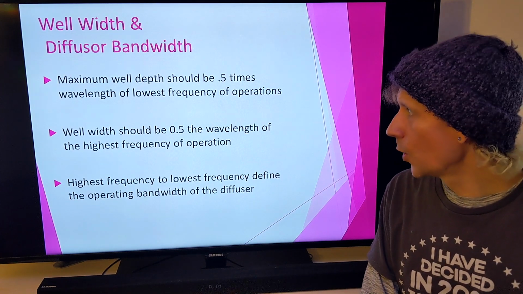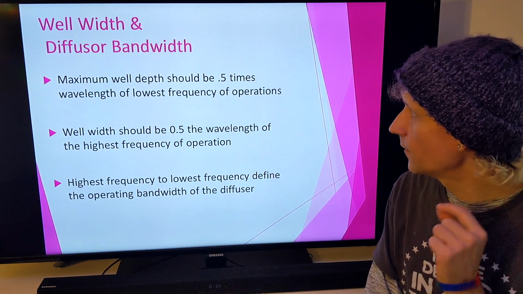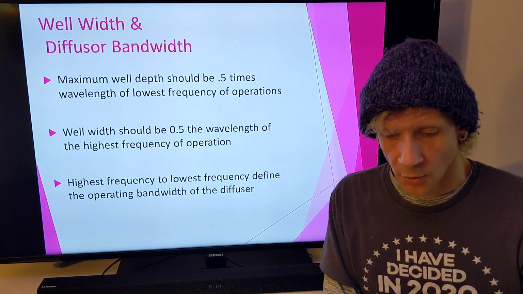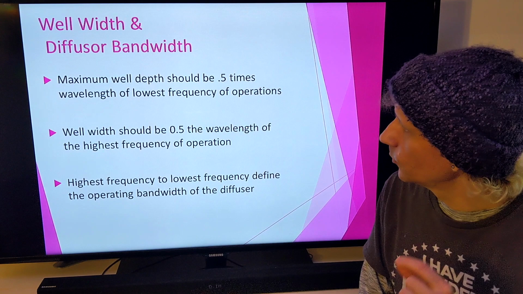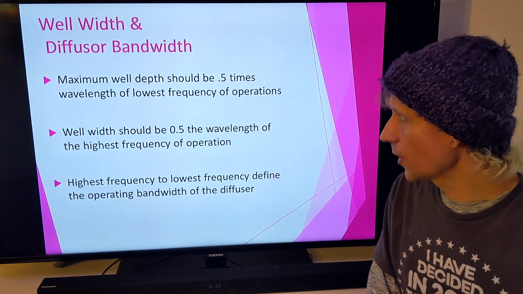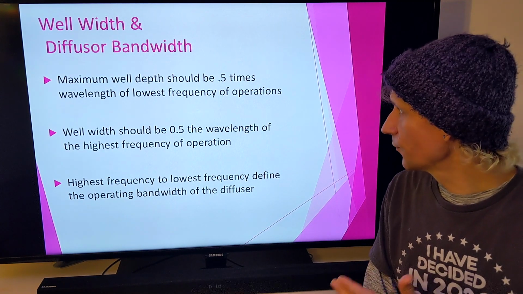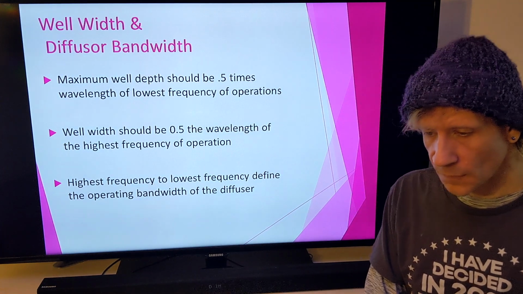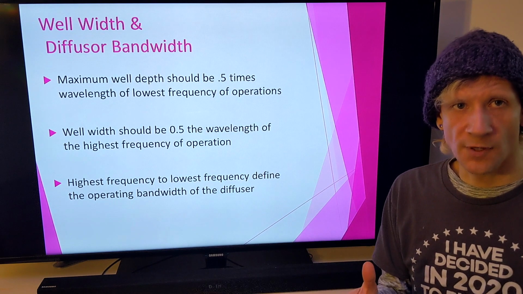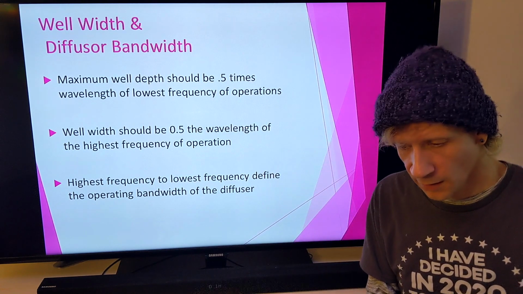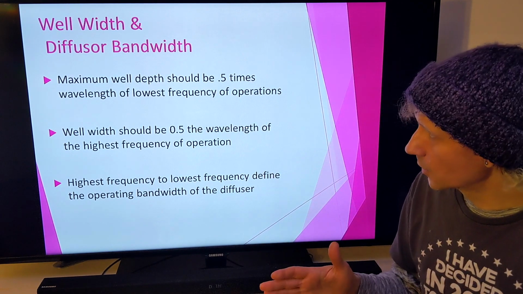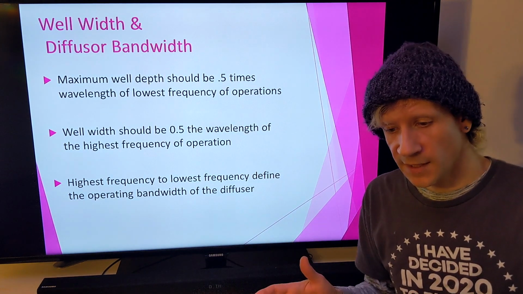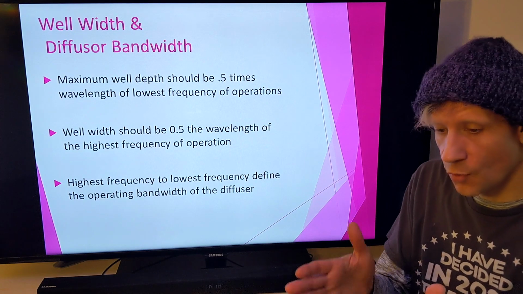The maximum well depth should be 0.5 times, or half, the wavelength of the lowest frequency of operation. So let's go back to our reference that we like to use all the time: a 1K frequency is 1 foot long. If we want a diffuser that's effective down to 1K, then we need half of that wavelength, or 6 inches.